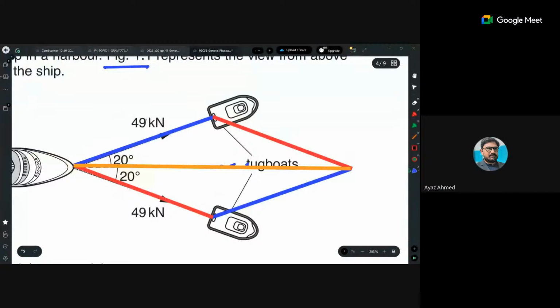I open the compass equivalent to the blue one, and I have drawn the arc from the head of red one. Is it clear? Okay, sir. I open the compass equal to red one, and I drew the arc from the head of blue one. That's it.